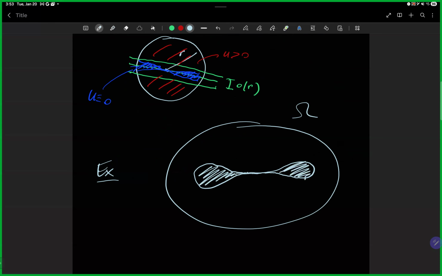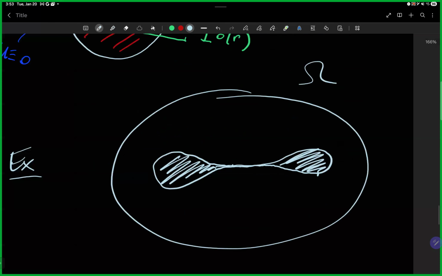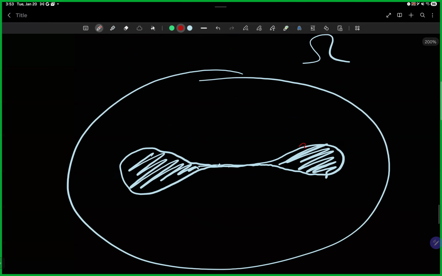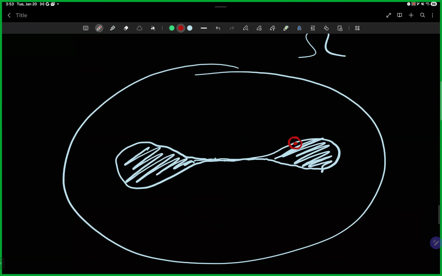In this case, if you zoom, this point is regular because here the blue region, u is 0, and then in the other half of the ball, u is positive. So you have a ball which cuts in two.